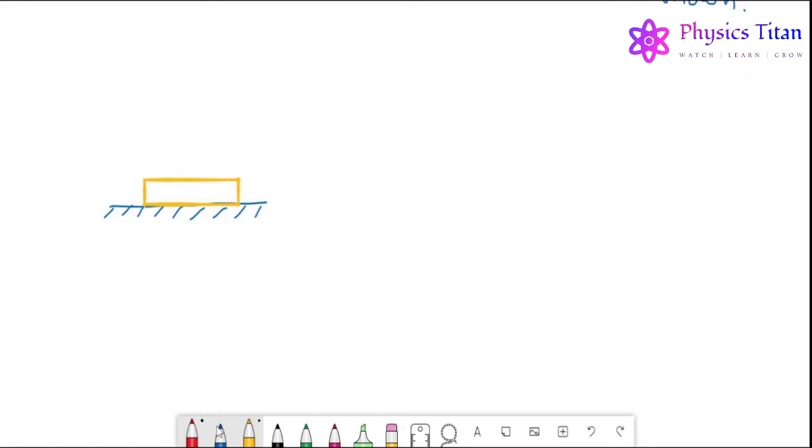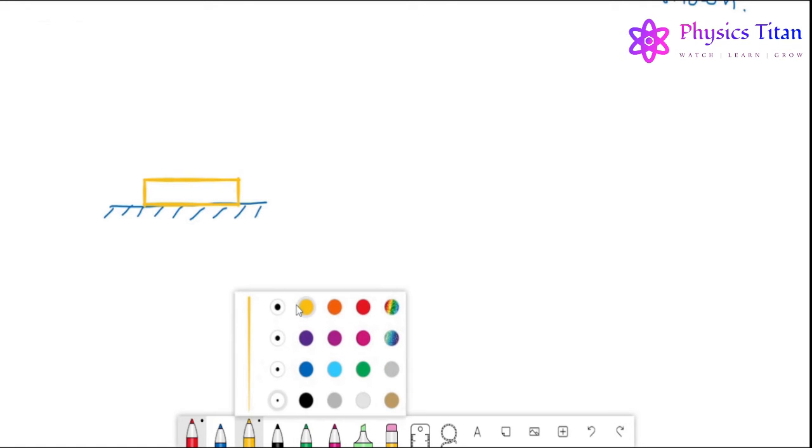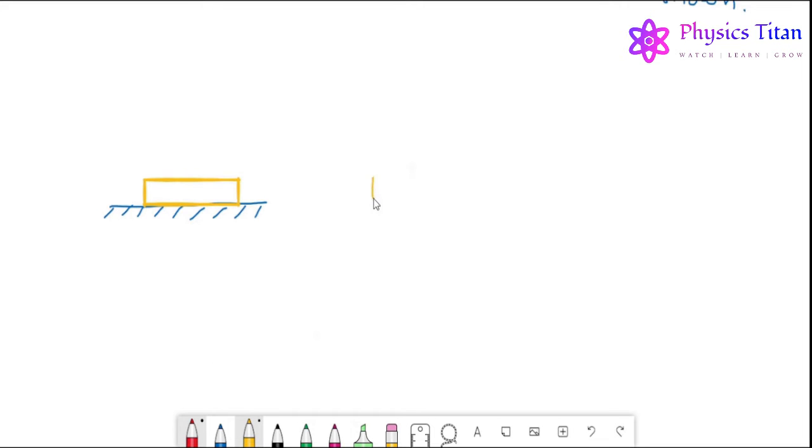Okay, so first of all, let us take this book. Here I am drawing it. This is the book. Okay, so what will be the forces which are acting on this book? First of all, suppose the mass of this book is m, small m. So there will be first of all a weight acting downwards, which is equal to mg.